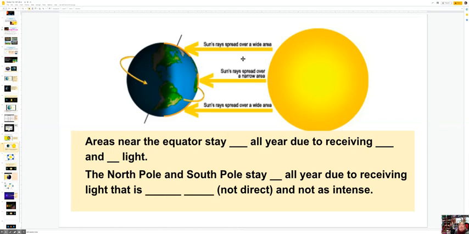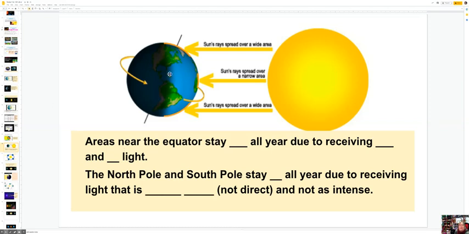Okay, at the North Pole, guys, it hits a bigger area, and so it kind of spreads out, and so kids, the North and South Poles stay cold all year due to receiving light that is spread out or indirect, and certainly not as intense.